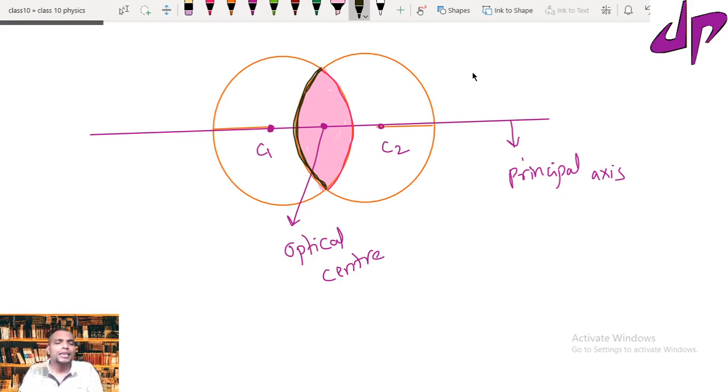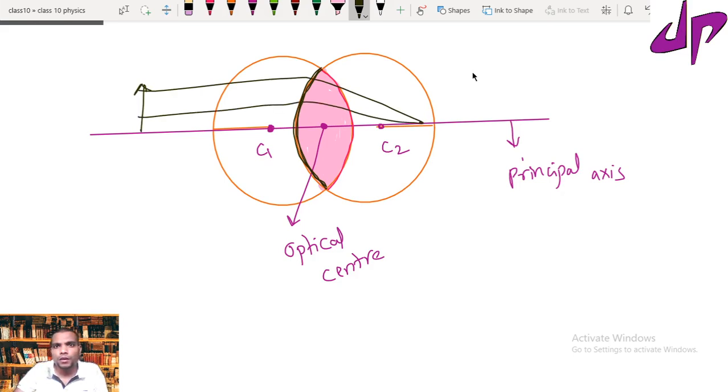Any side we can keep the object, and it can form the image on the other side. In that case we strictly use the Cartesian sign convention. According to that sign convention we always keep the object on the left side. So if you keep the object on this side, through this lens the light rays will be focused here. Now this we can call the focus.